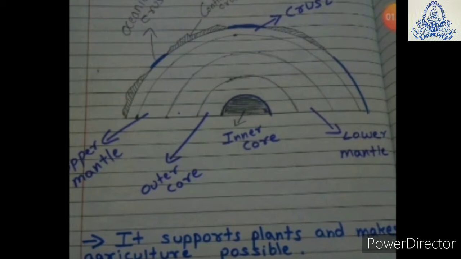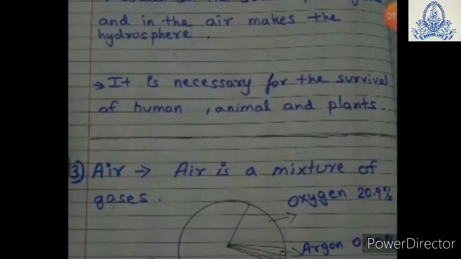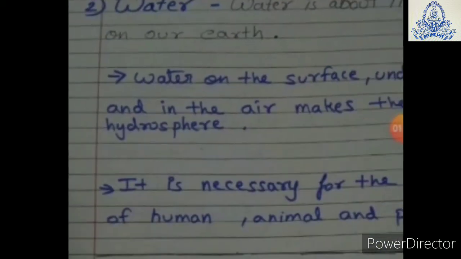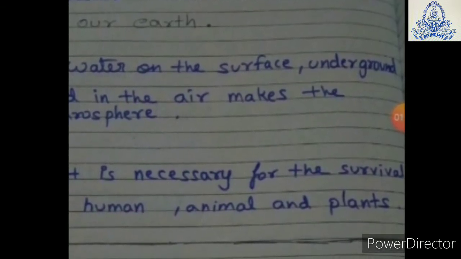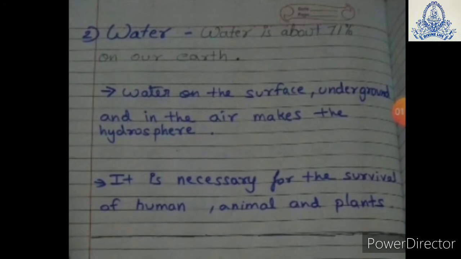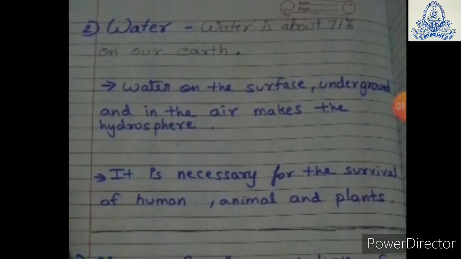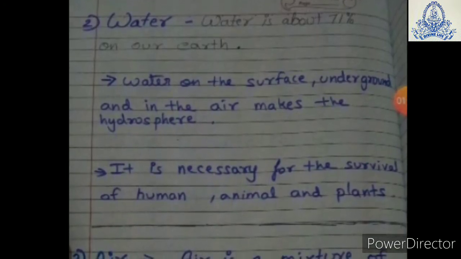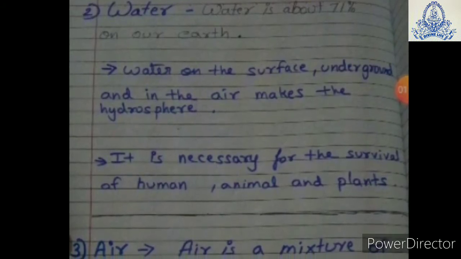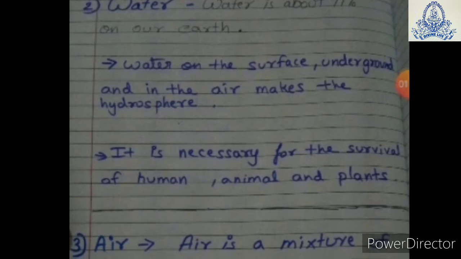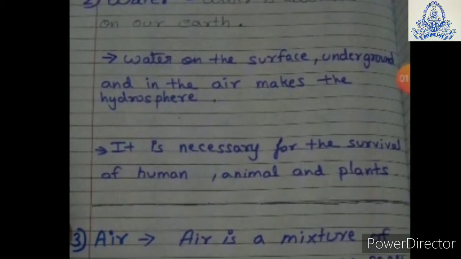So next is water. We already know that water is about 71% of our earth. That means three-fourths of our earth is covered with water. Now water on the surface, underground or in the air makes the hydrosphere.